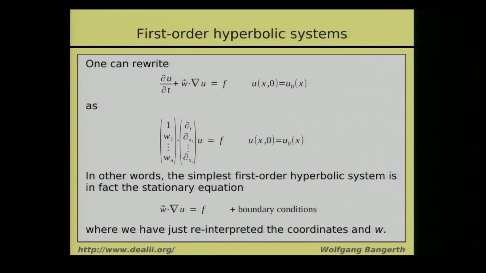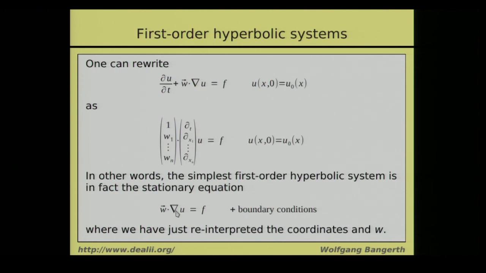And so if I reinterpret my coordinates as follows, that I say I don't have 1 time and, let's say, n space coordinates, but in reality I have n plus 1 space coordinates, then I can introduce a new vector field W here that has n plus 1 components, and that consists of a 1 plus all of the components that I had previously.